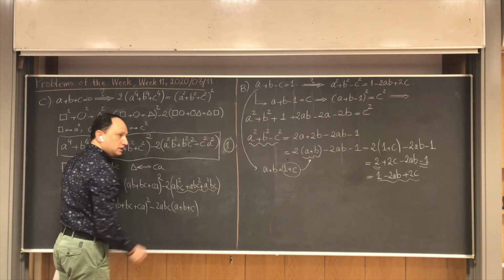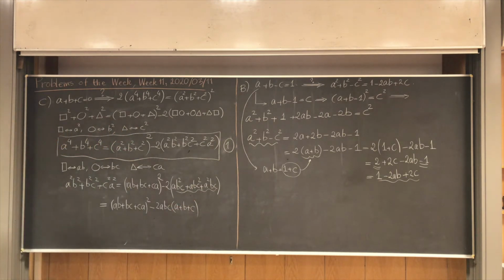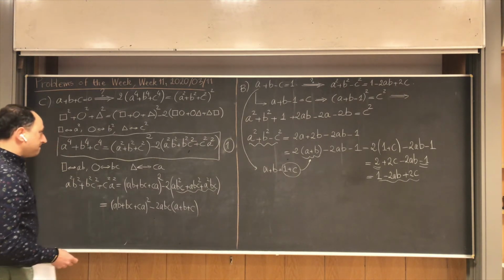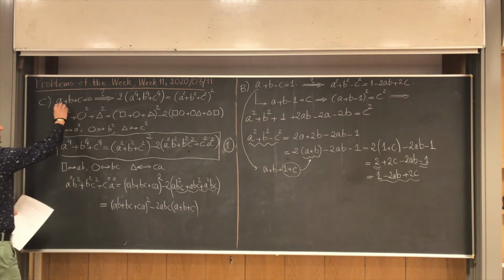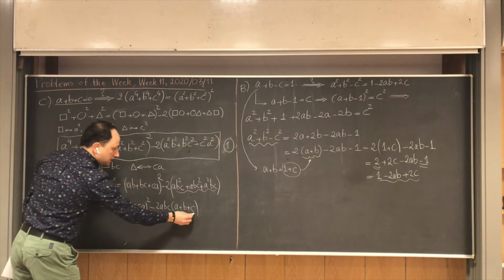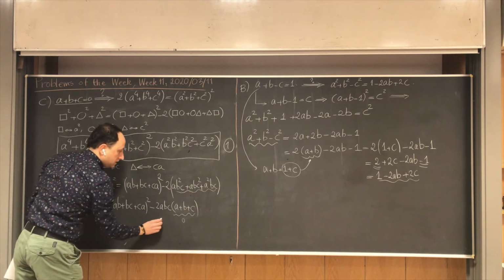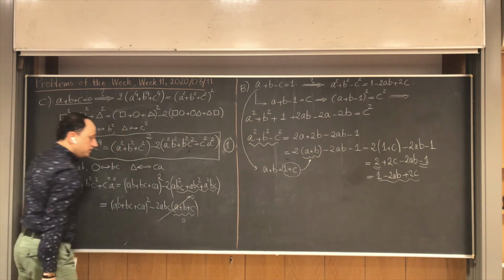I have written them in an ordered way. Yes? Okay. But you see that A plus B plus C is 0. So this means that this is 0, and then this term will totally vanish.